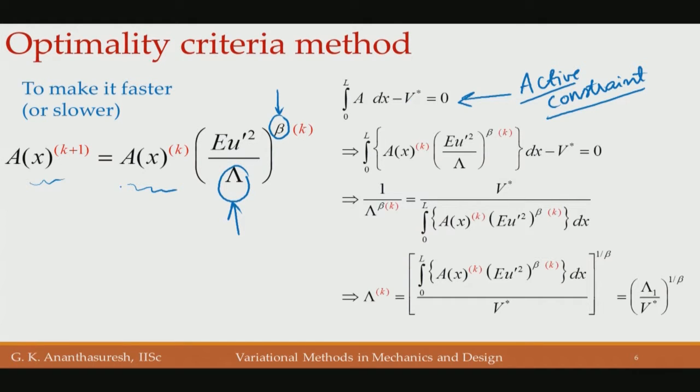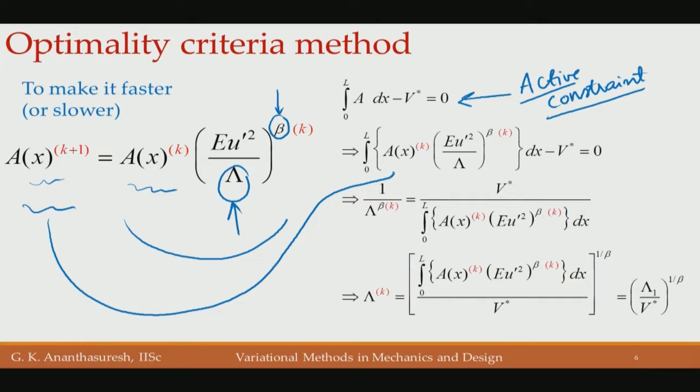Since the constraint is active, we have the integral of A dx equal to v star. Hence, we can take this changed a of x, because when you start the optimization iterative process, we take a of x, the initial guess, to satisfy the volume constraint. Now, when you update it in this manner, we put this new a k plus 1 for a of x and try to find this lambda. We integrate over the length 0 to L, that should be equal to v star.